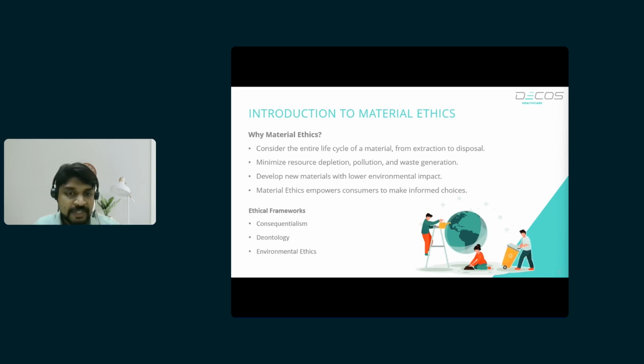The next is deontology, which focuses on fulfilling one's duty and adhering to ethical principles. This could involve prioritizing labor practices throughout the material supply chain. And the last one is environmental ethics, which recognizes the inherent value of nature and promotes responsible resource management. Choosing materials with minimal environmental impact aligns with this framework.